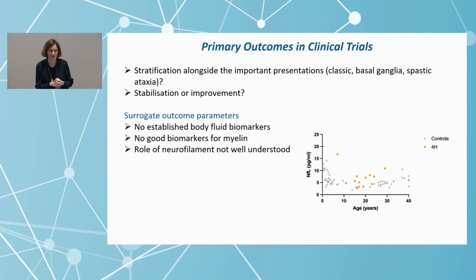For example, what Mark Engelin said yesterday, neurofilament as the universal neurology marker is also not well understood, although I think it might be helpful, but we need many more patients to really understand its role for 4H syndrome. And I think we also have to look for better biomarkers.